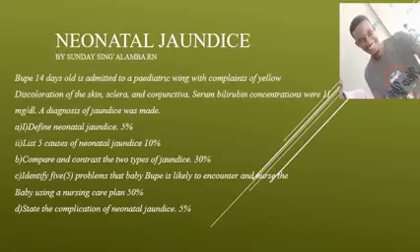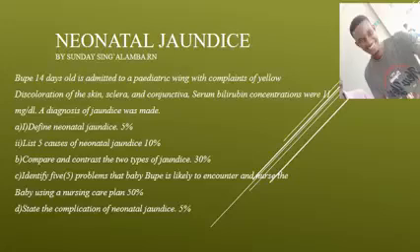Once in the liver, that unconjugated bilirubin will be converted to conjugated bilirubin by an enzyme known as glucuronyl transferase. Glucuronyl transferase is the one that converts unconjugated bilirubin to conjugated bilirubin.